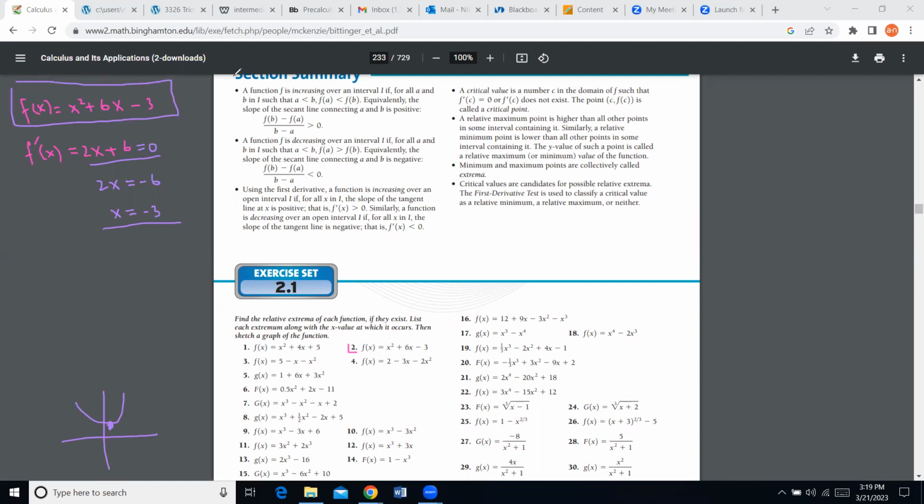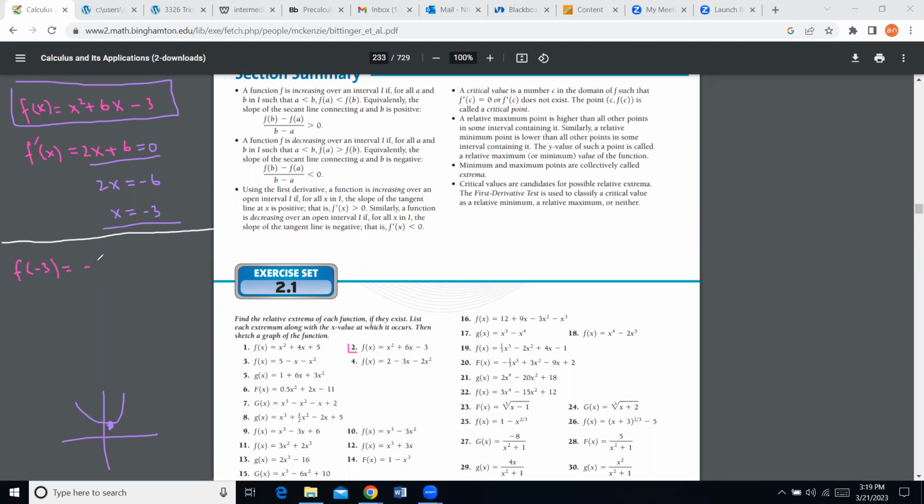But I guess that's not what I asked on the quiz, if I remember it right. I just asked you to find the x coordinate, and that was good enough. But one can continue, replace x with -3.